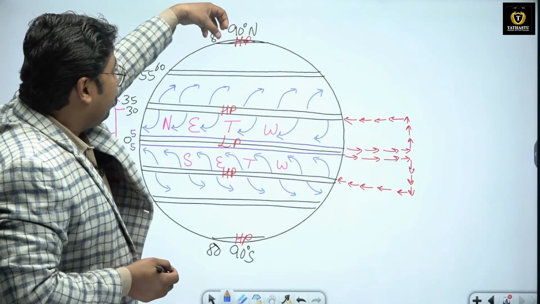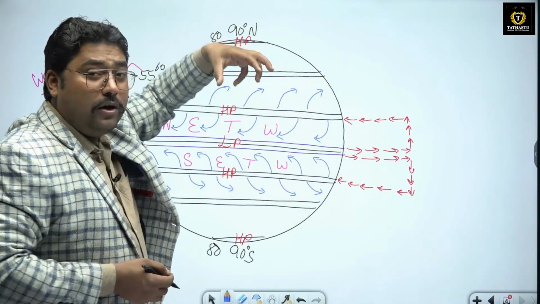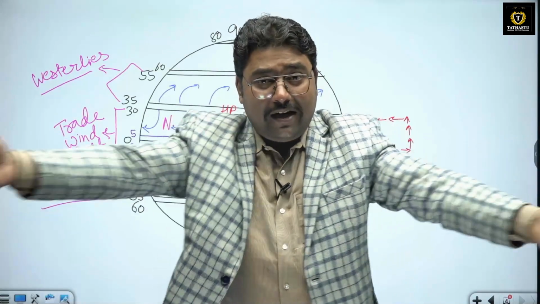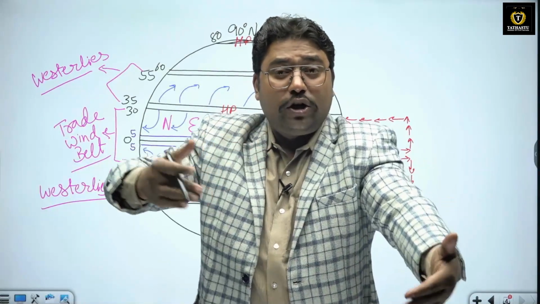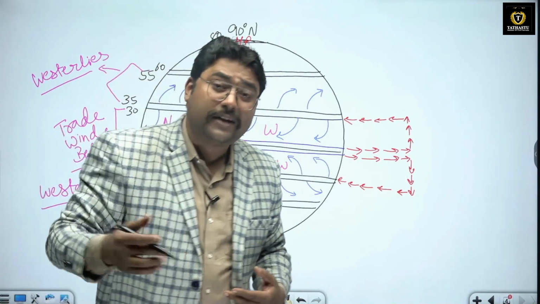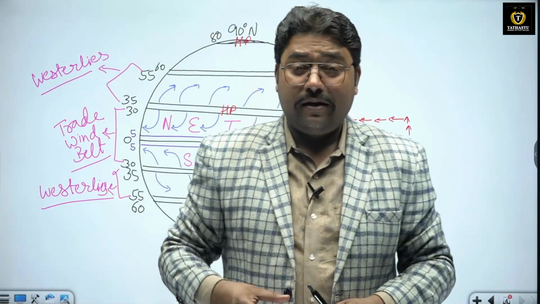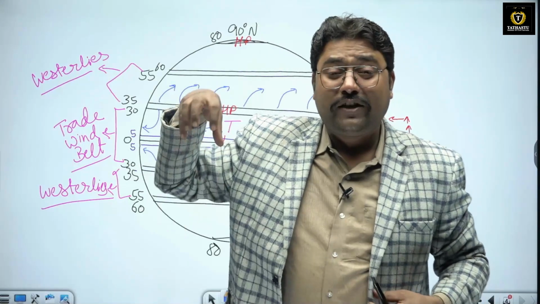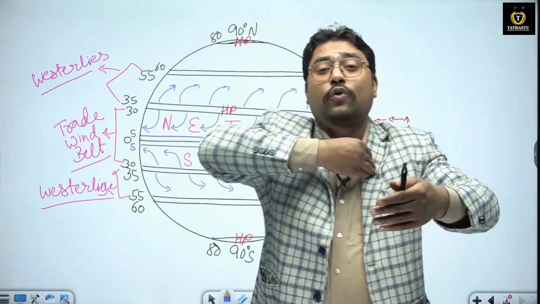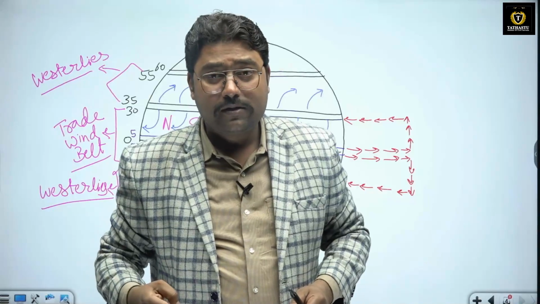So the air is sitting on the pole due to high pressure, a freely sitting object, and the earth is rotating. So due to the rotation of earth and the freely sitting nature of the air, it is deflected out or thrown out from the poles.